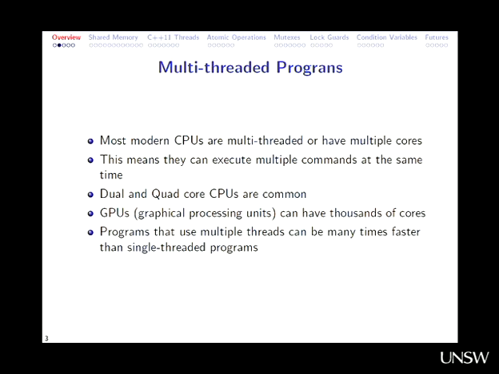They work differently though. A GPU's architecture is different to a CPU's. And so even though they can have thousands of cores, generally all those cores are operating the same instruction at the same time. So there are languages like OpenCL and CUDA, which allow you to do really fast operations at the same time.